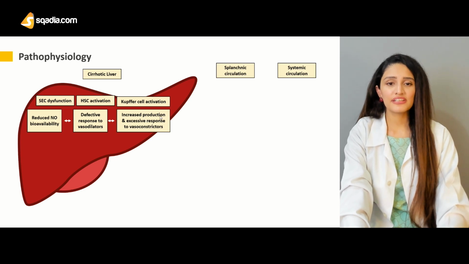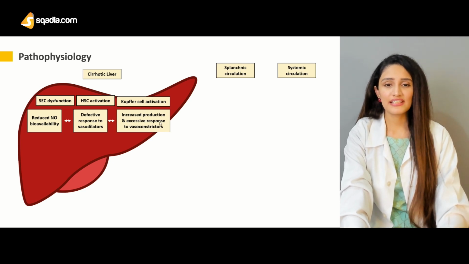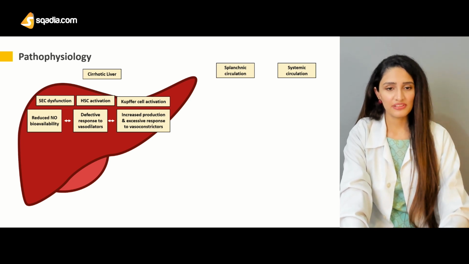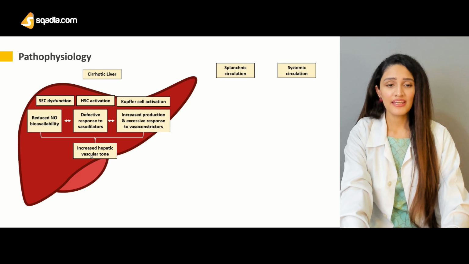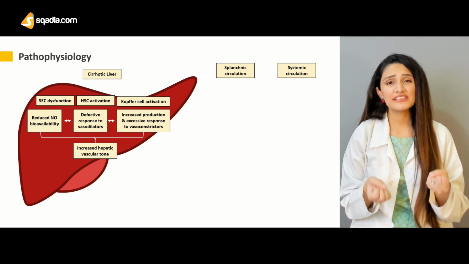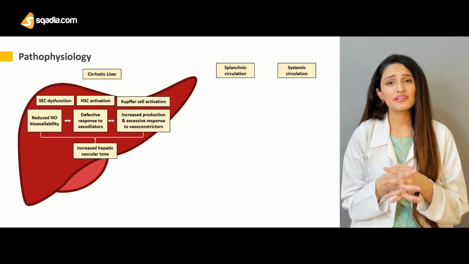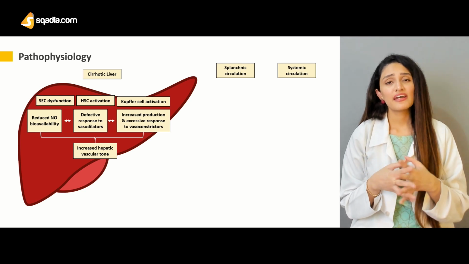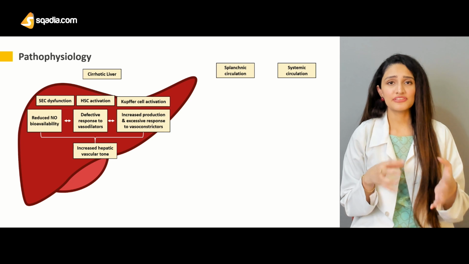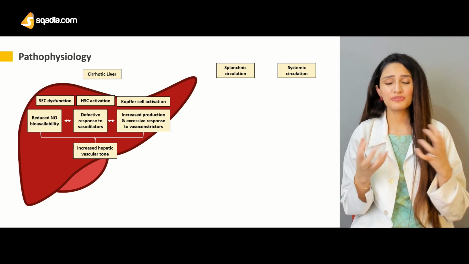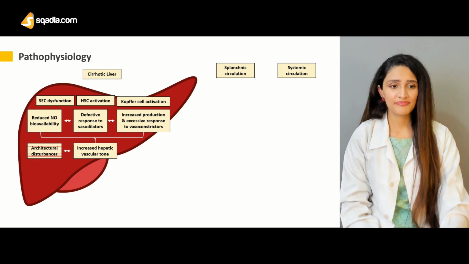Then we've got increased production of, and excess response to, vasoconstrictors. Vasoconstrictors keep on going, and ultimately we've got increased hepatic vascular tone. Because of the vasoconstriction, there is increased resistance within the liver and increased blood flow, and in combination this causes portal hypertension and increased hepatic vascular tone.